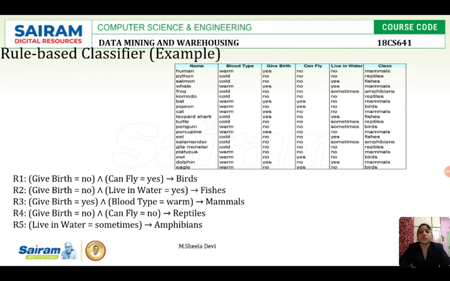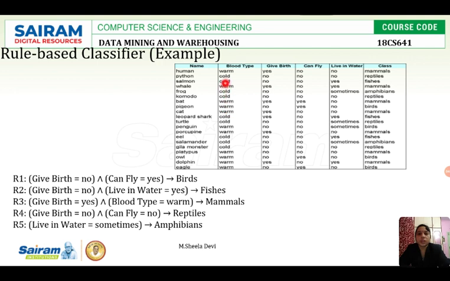Yes. So they have taken another example here. This is how we can generate the rules for every row in our data set. We have to study all the rows here, then we can come up with the rules. R1, R2, R3 are nothing but the rules which we have created with the help of the data set. See here, the first rule: given birth equal to no and can fly equal to yes, then birds.